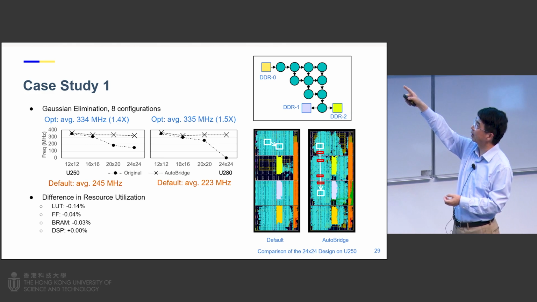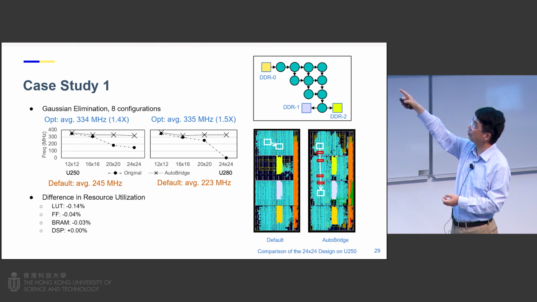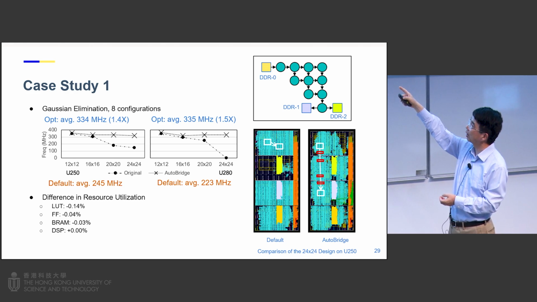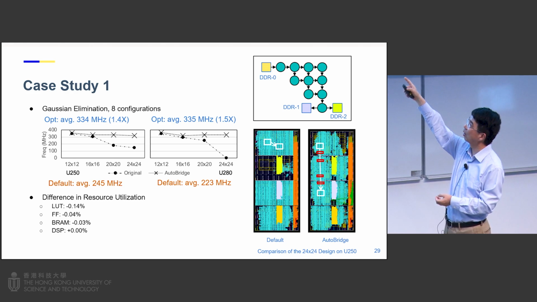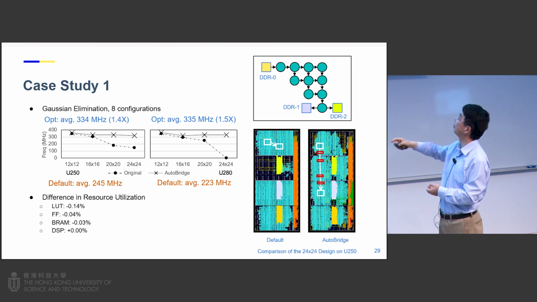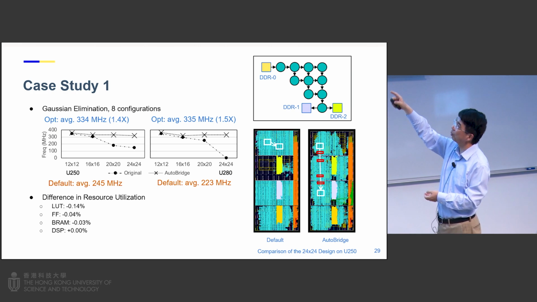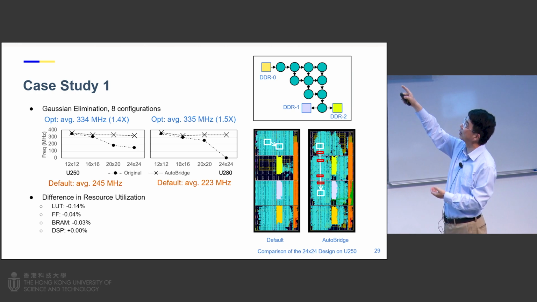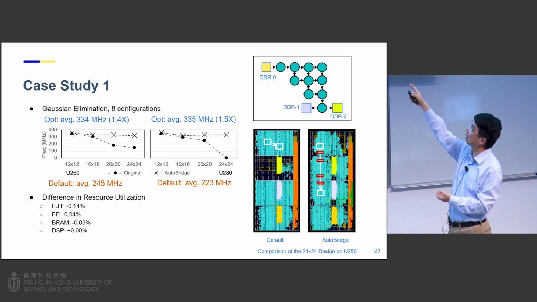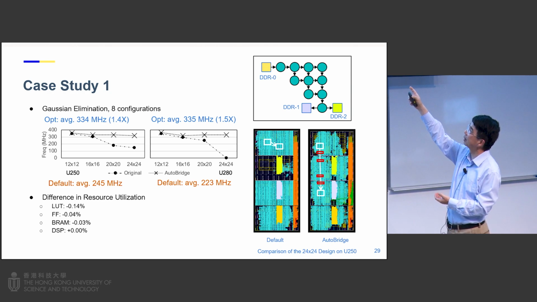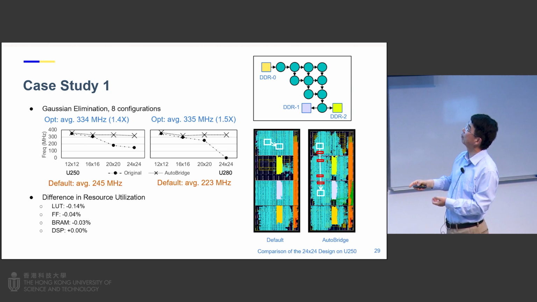So for example, remember that the original design is around 350 or 370 megahertz. If you don't do anything, it'll drop below 200. Now with this, it scales very well and continues to be over 350 or so. And then this one, optimized average is 335 megahertz.